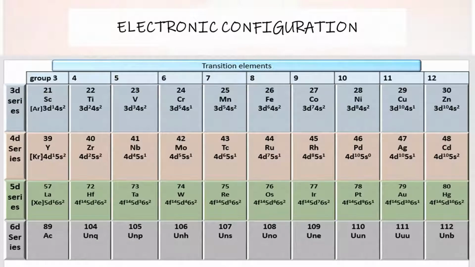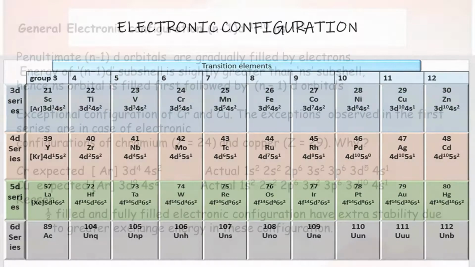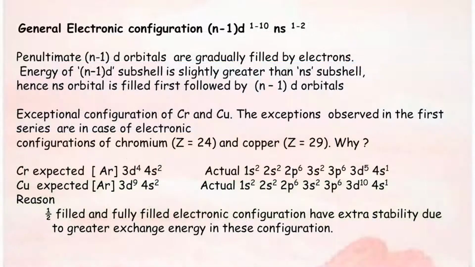For example, in the case of chromium and copper, the expected electronic configuration of chromium is 3d4 4s2, but the actual electronic configuration is 3d5 4s1. Similarly, in the case of copper, the expected electronic configuration is 3d9 4s2, but the actual is 3d10 4s1.